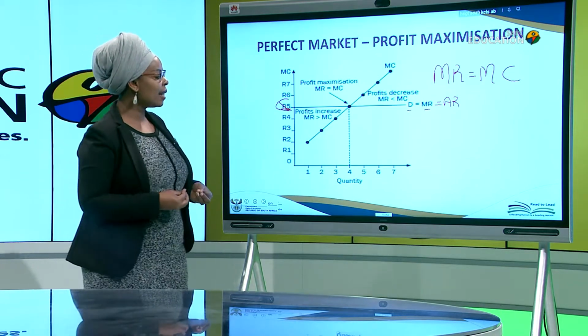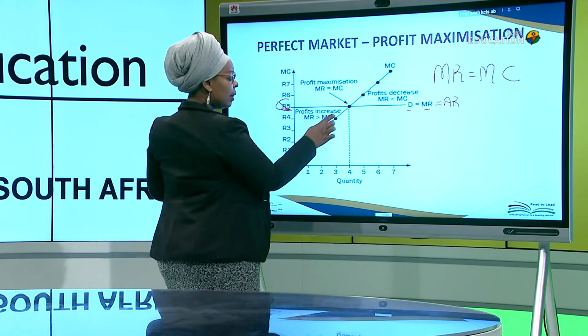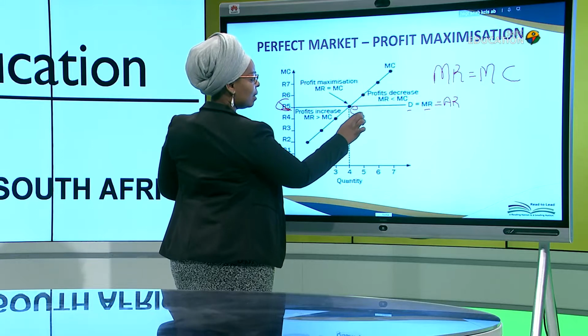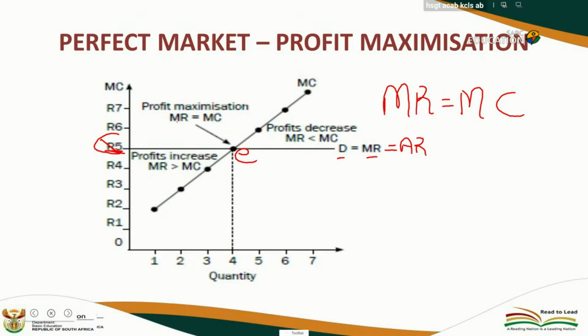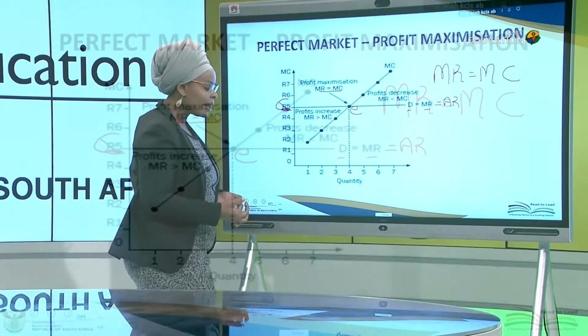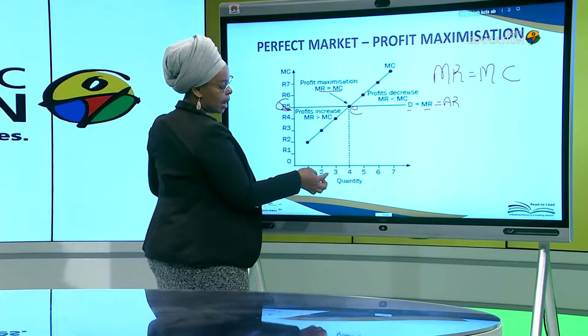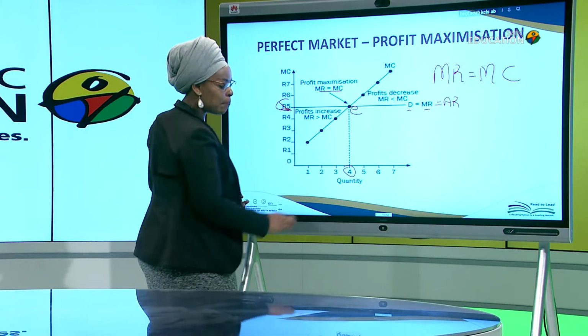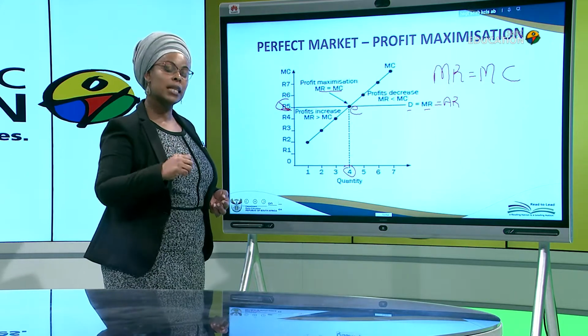So at a point where the MR and MC intersect, that is where the business will make the highest profit. So by looking at this graph, the MC and the MR, they intersect here. That is where MR and MC are equal. This is the point where profit will be maximized. So what does this mean? This means that the business will produce output number 4 so that it can maximize profit.